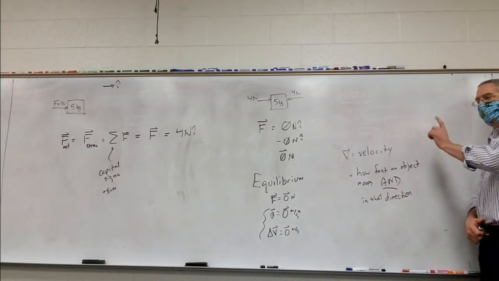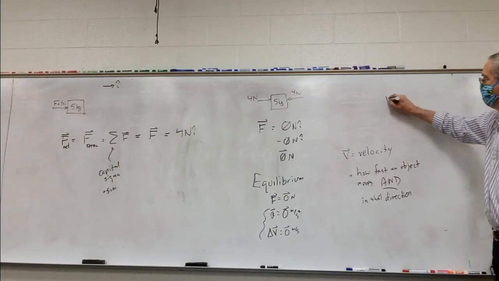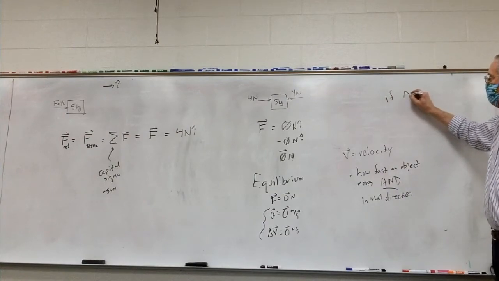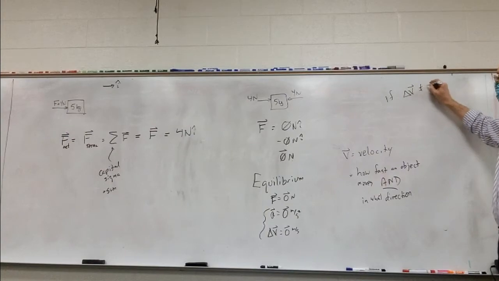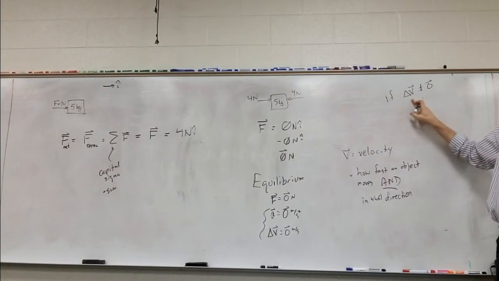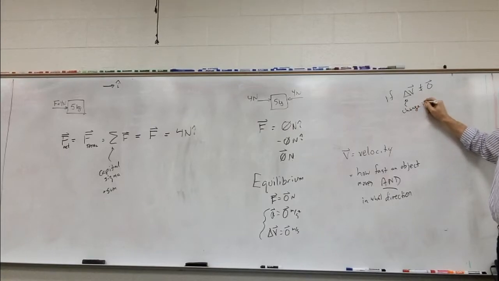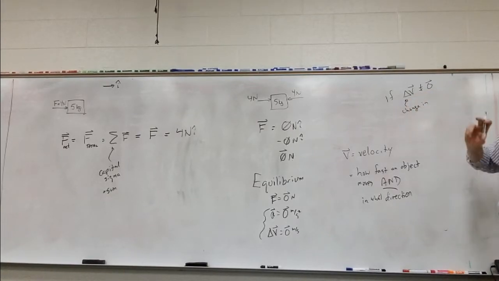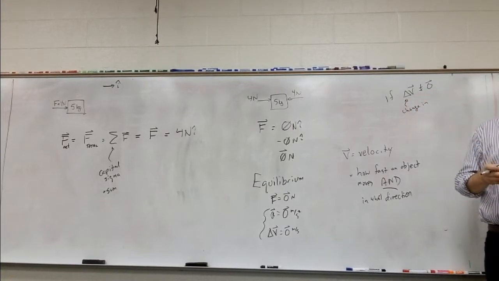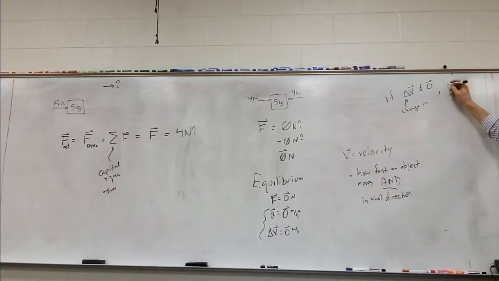All right. So if there's a change in velocity, if the change in velocity is not 0, so this delta right here just means change. So if the change in velocity is not 0, in other words, there is a change in velocity, then there exists, the backwards E there means there exists, acceleration which is not equal to 0.